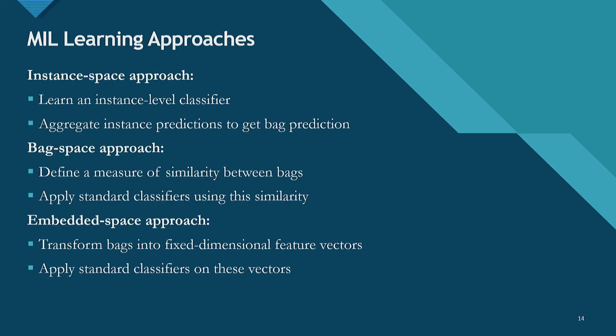First one is the instance space approach. It learns an instance level classifier and aggregates instance predictions to get the bag prediction.